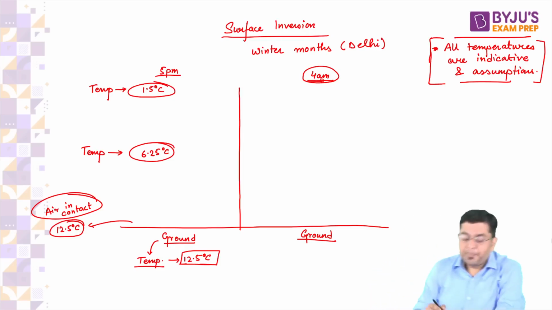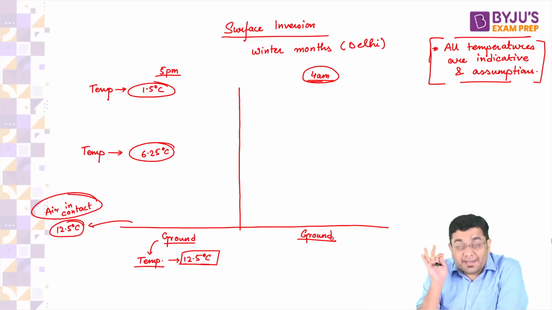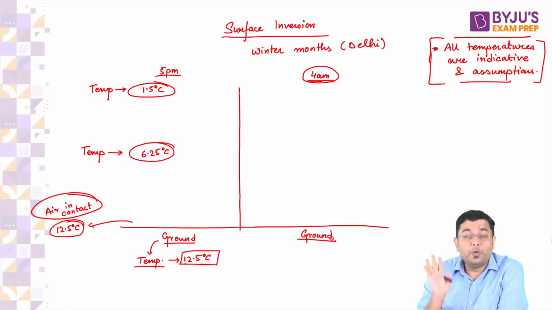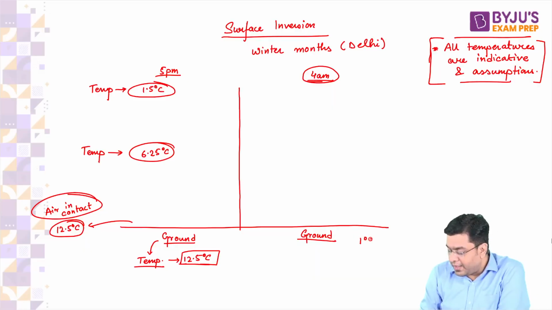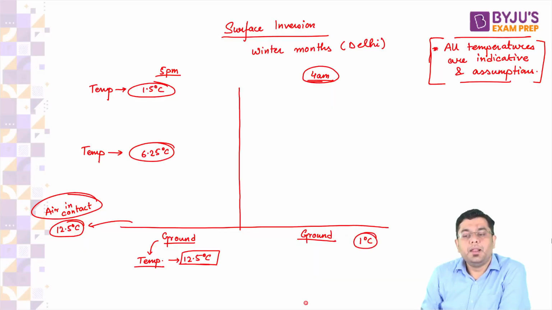Okay, so here in the ground, let's take an example that the ground surface at 4 a.m. will become very, very cold. So here, let's assume the temperature is 1 degree Celsius.